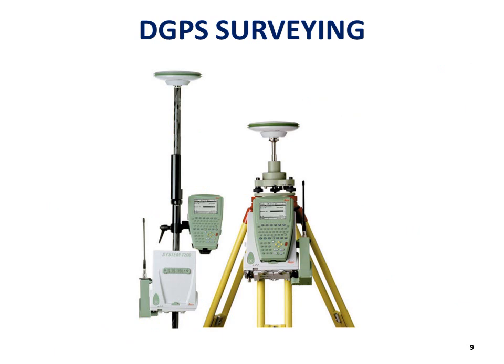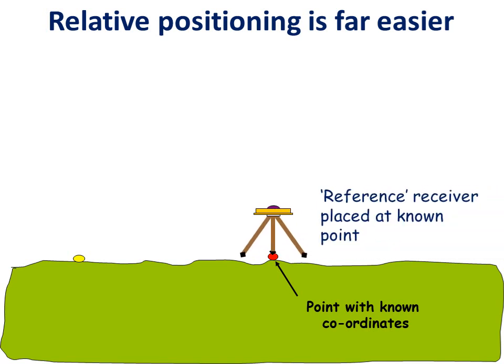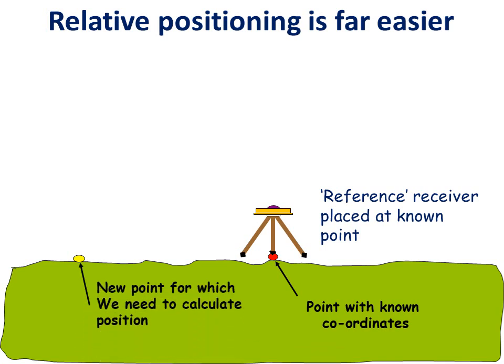This is the figure of DGPS surveying instrument. The same thing is depicted clearly here. The red point shows the point with known coordinates. There we will keep our base receiver, or reference receiver. The reference receiver is placed at the known point. That point is the new point for which we need to calculate the position.